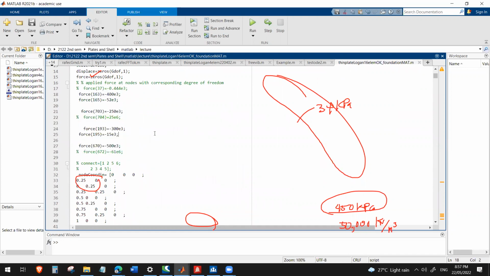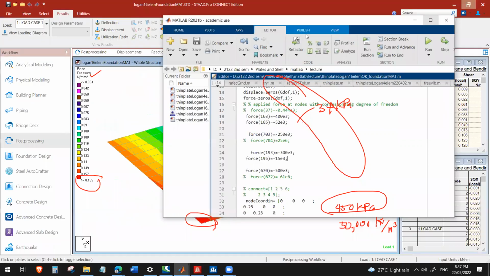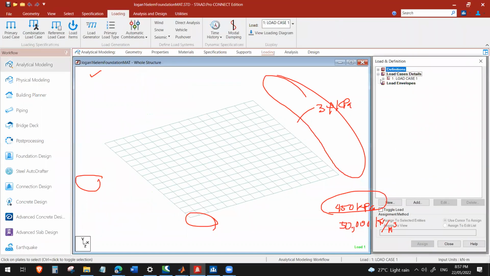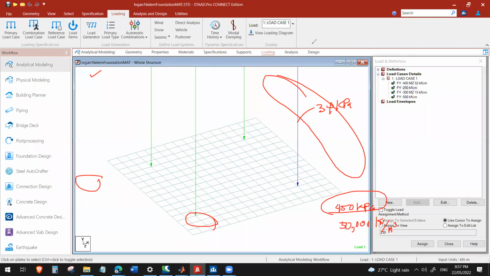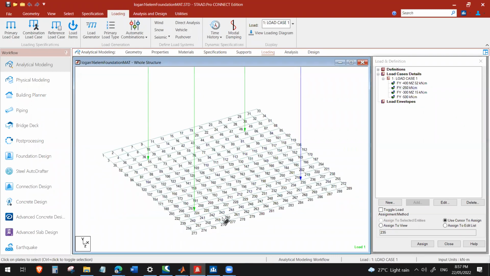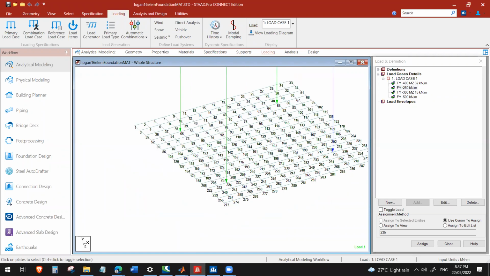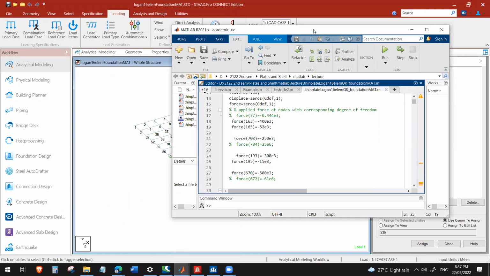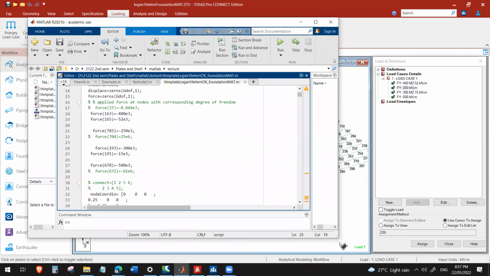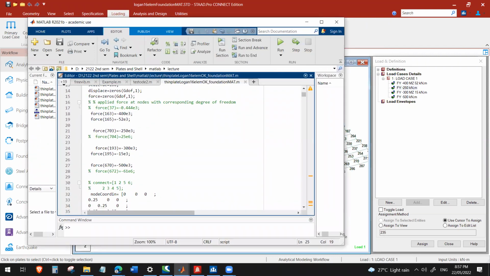So these are our forces. Let me go back to our loading here, and shift N for the nodes, to make sure that it's consistent.